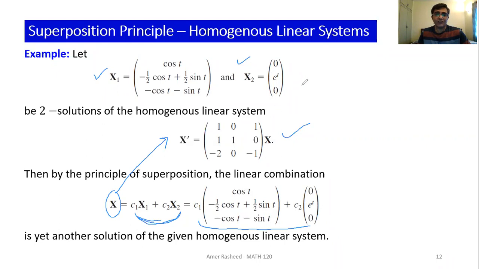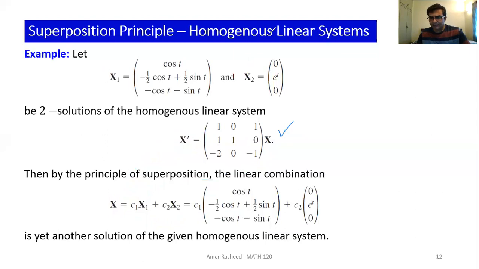We have discussed one example regarding the verification of solutions. You insert this x here, multiply it with this matrix A, and you must get the derivative of x. The derivative of x is equal to the right hand side. So we can verify that this linear combination is also a solution of the given homogeneous linear system. I hope you can do it.